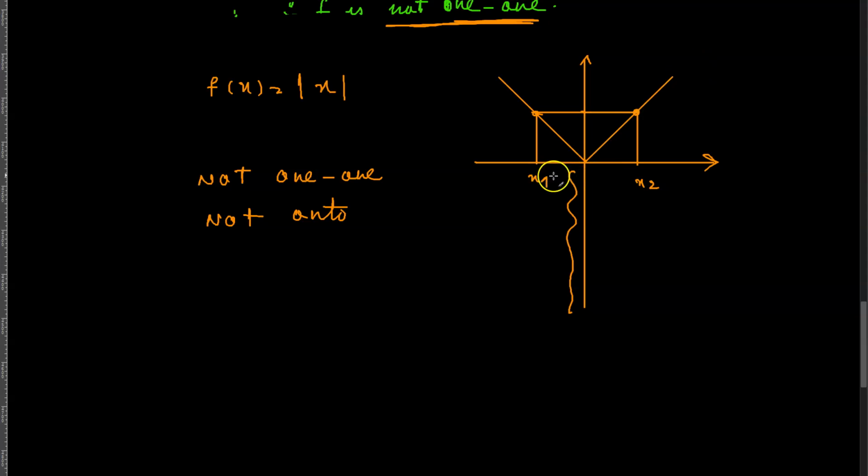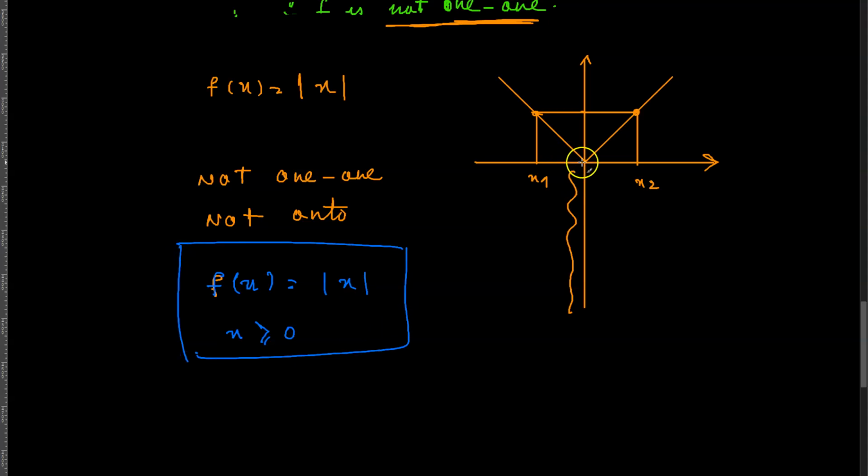So in such cases, what you can do is restrict the domain of the function to some values of x where the function is actually 1, 1, and then find the inverse of the function. Meaning that you can say, for example, let's say that f of x is equal to the absolute value of x where x is greater than or equal to 0, and then you would get only this part of the function, and this part of the function is 1, 1.